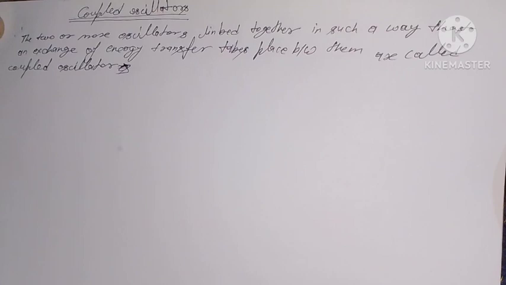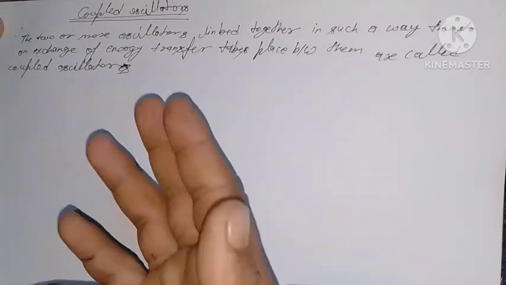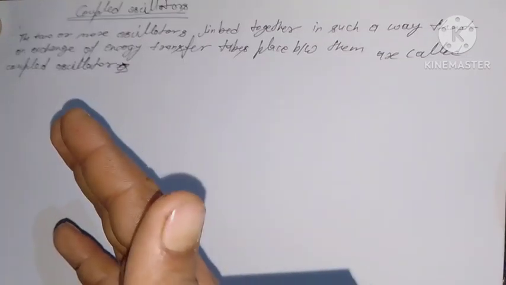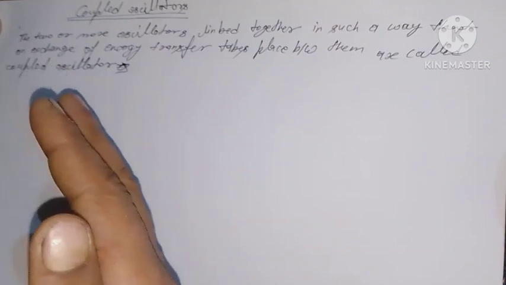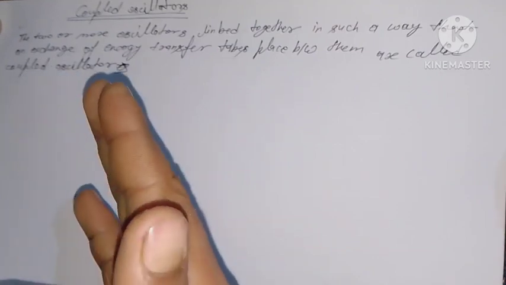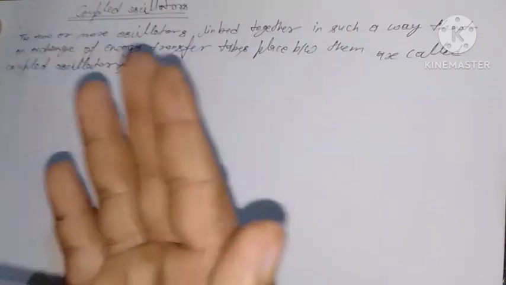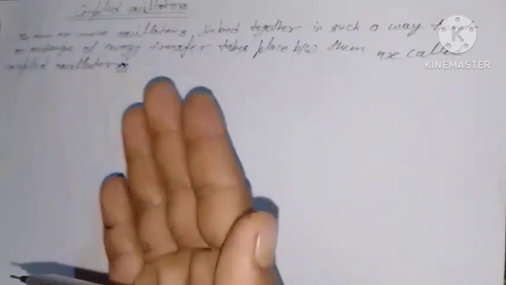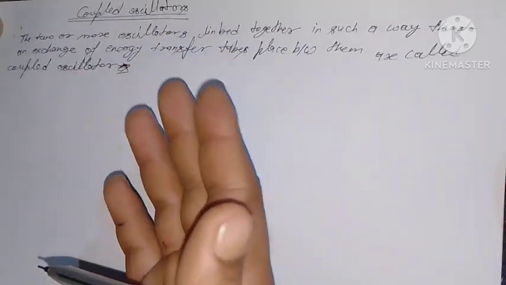In forced oscillation, it is assumed that the external driving force is practically not affected by the oscillations of the driving system. The flow of energy between the driving agency and the driving system is only in one direction, from the driving agency to the driving system.